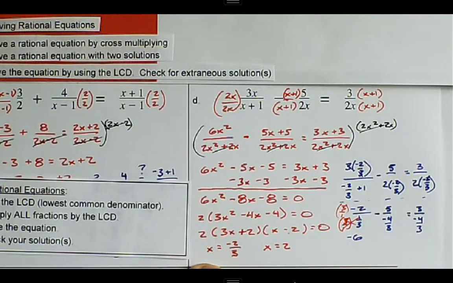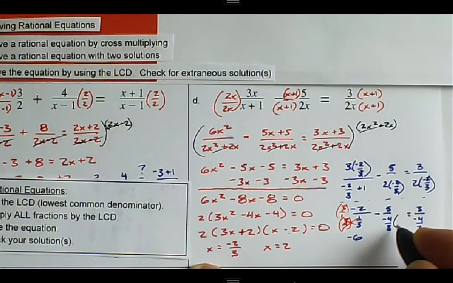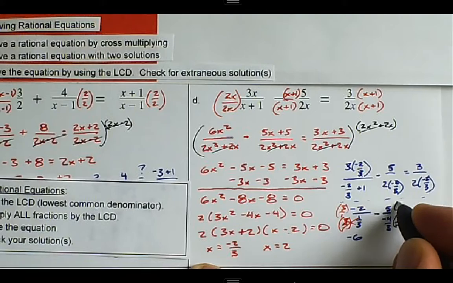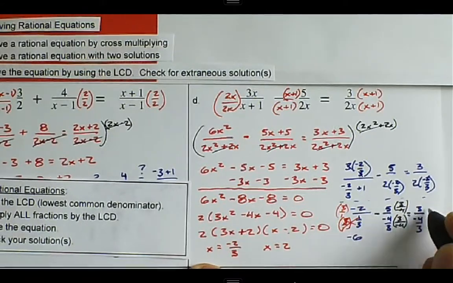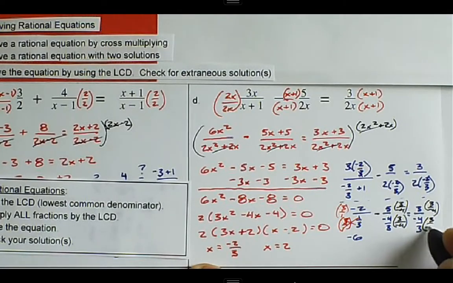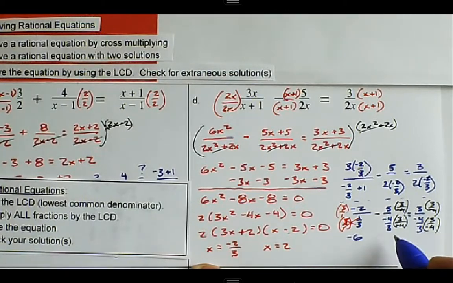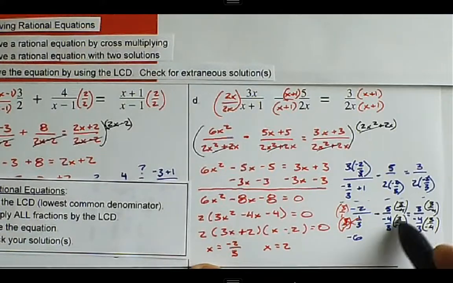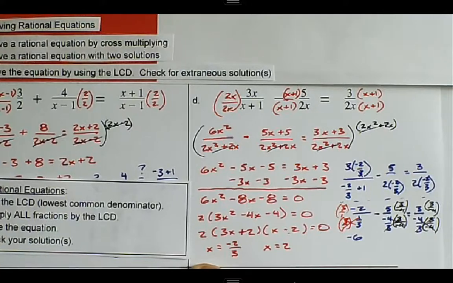We're going to multiply by the reciprocal of -4/3. The 3's cancel, the -4's cancel, and then we're left with a negative times a negative, which gives us positive 15 over 4.